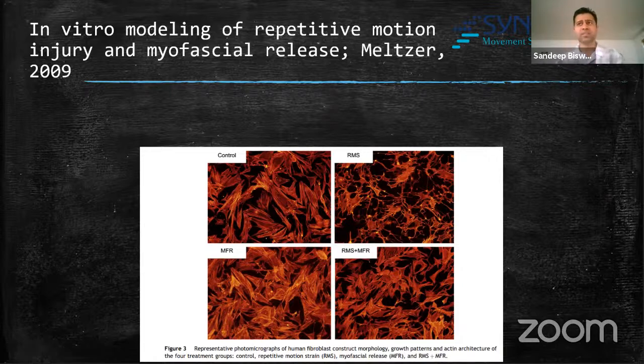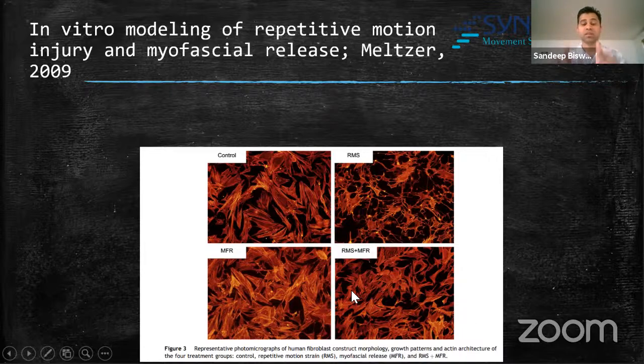In athletes, they will undergo some soft tissue work before they go on field or participate in their athletic activity, which has been shown to improve their performance. This is the reason, because that has improved the fibroblast orientation, okay? So with repetitive muscle strain, the fibroblasts are not healthy; perform myofascial release in a particular way, and you can see how the fibroblast growth has improved.